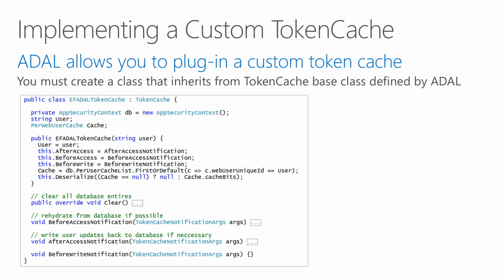Now, in our case right here, what are the things that we need? We're going to create one of those databases that the Entity Framework is going to create. We're going to have a string for the user, which is going to keep a unique ID for the user. And then we have the PerWebUserCache. Now, we have a constructor here. And the idea is when someone creates one of these objects, they pass the unique string that identifies the user. And then we're going to hook up this set of methods, AfterAccess and BeforeAccess.